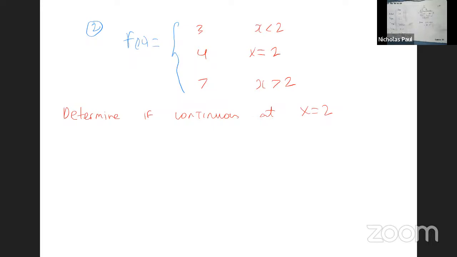Yes meaning continuous, no meaning discontinuous.